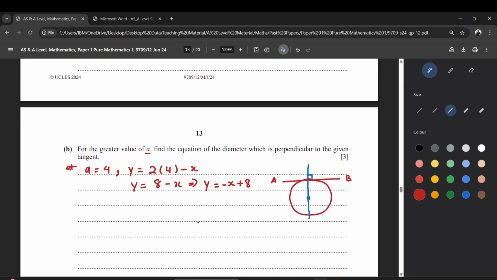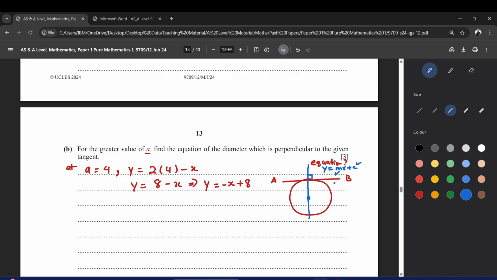Okay. Now, what we can notice here is that if I want to find the equation of this diameter, you need to find the equation of this blue line. This is your diameter. Because this is also a straight line, this is y equals mx plus c. You need to find the gradient.